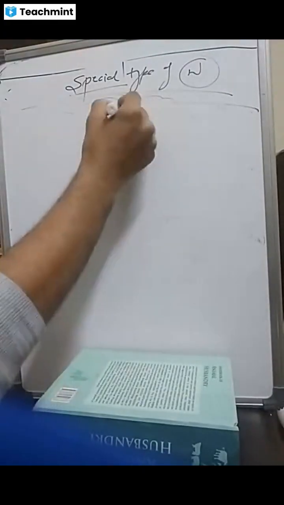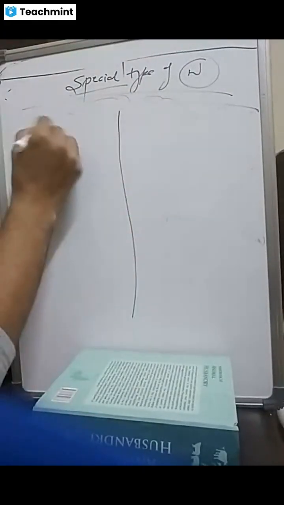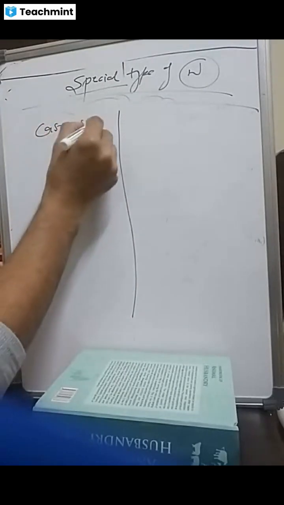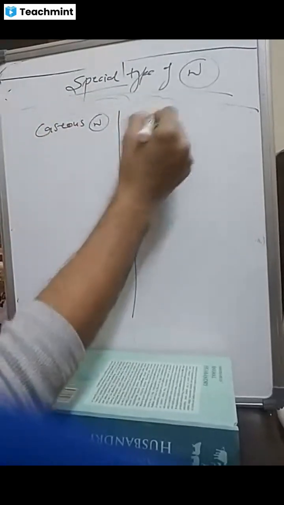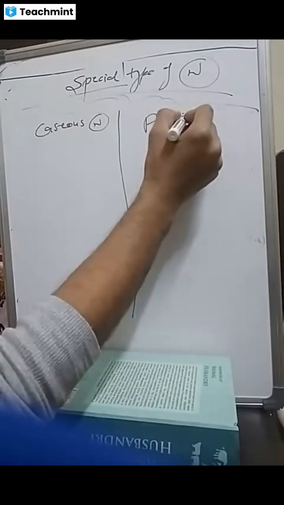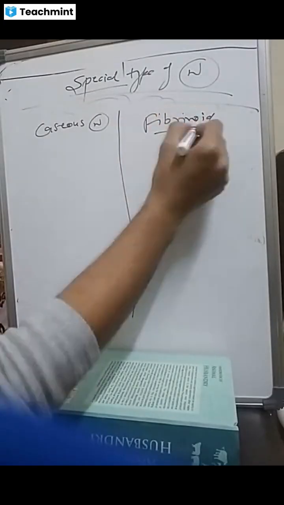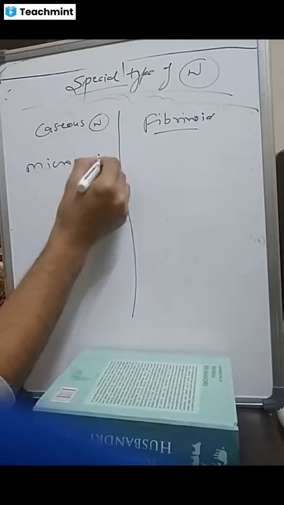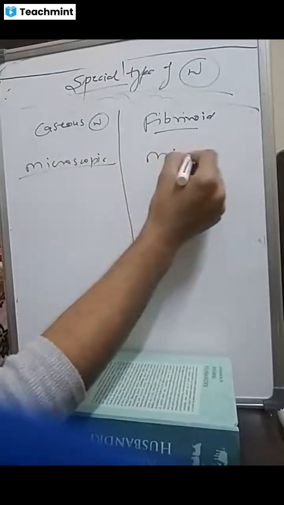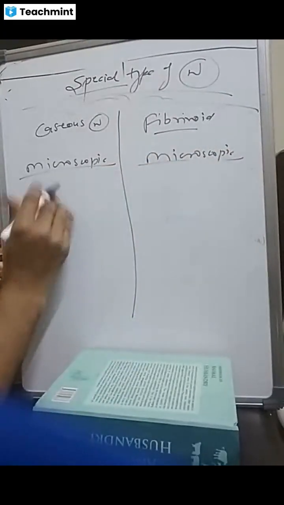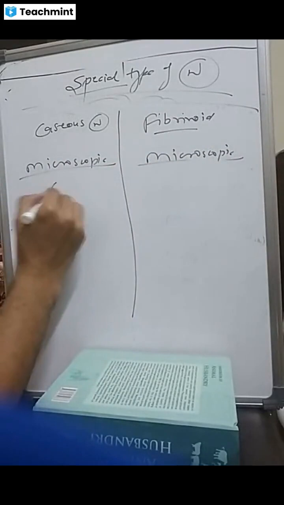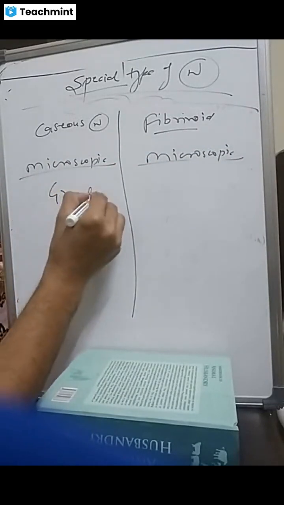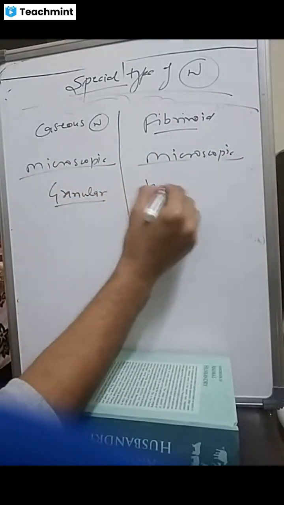If we compare our previous one, that is caseous necrosis, with the fibrinoid, there is only one difference on microscopic. And that difference is, caseous is cheesy material, it is granular, and it is homogeneous.